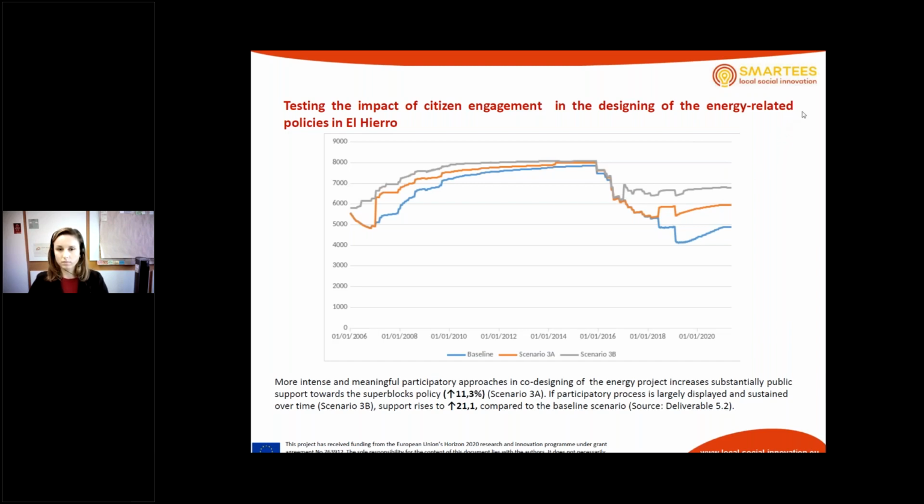So the more extensively and intensely citizens are engaged over a long period of time, and the promoters also inform them and keep them in the loop, even in the evaluation and monitoring of the implementation of the social innovation, that is crucial for sustaining social acceptability over time and supporting the expansion and replication of pilot projects across the city, for example.